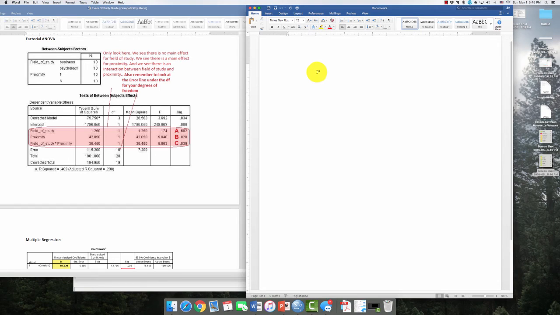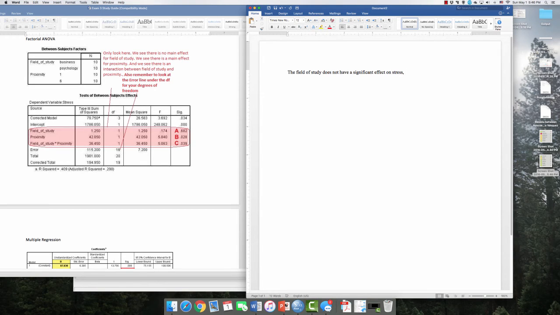So to write this up, I'm not going to get into specific details like means and stuff. One, because I don't have it available, but two, I already created examples for that a while back. So we'd start off by saying the field of study does not have a significant effect on stress.